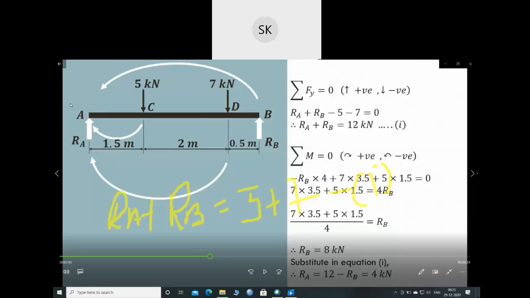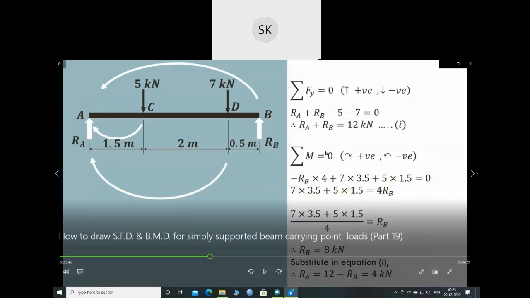Next I'm taking equation summation of moment equals 0. That means summation of all the moments about point A will be equals to 0. And here I'm taking clockwise as positive, anti-clockwise as negative. So this will be my equation.